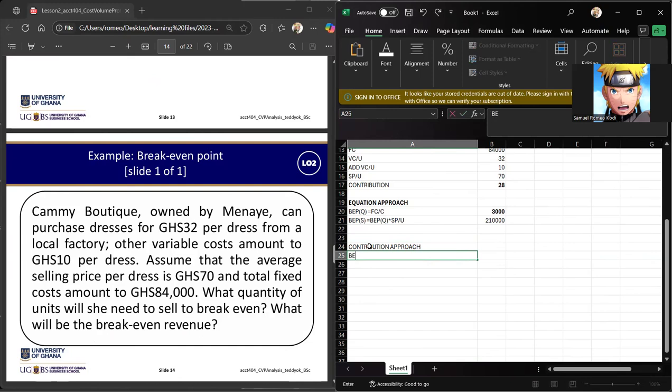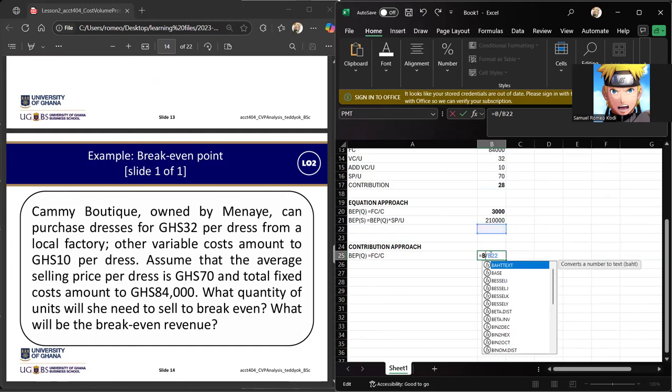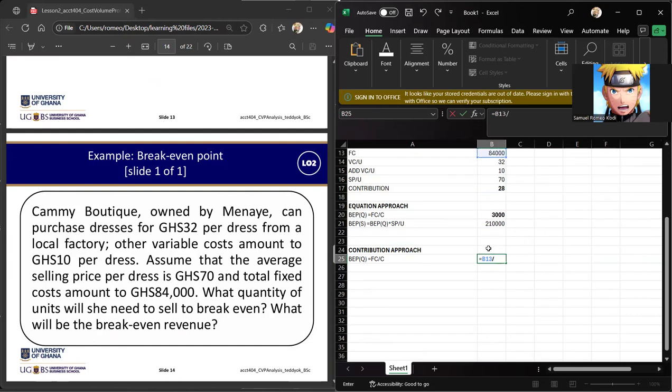Here our BEP in quantity remains the same.